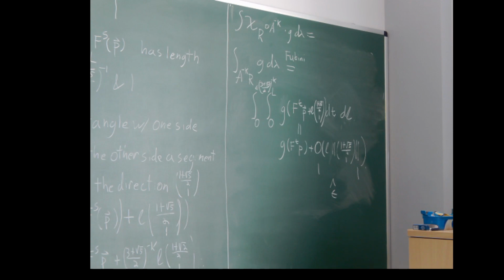So now we're essentially done. So there's just one problem. So just notice there's one subtlety we're missing. The k is going to infinity, but our rectangle is changing.